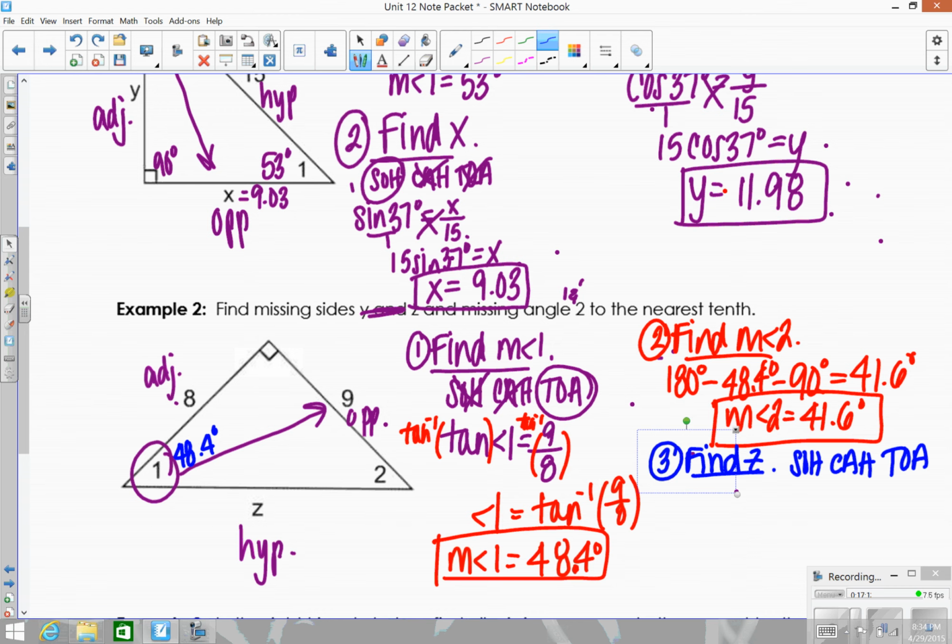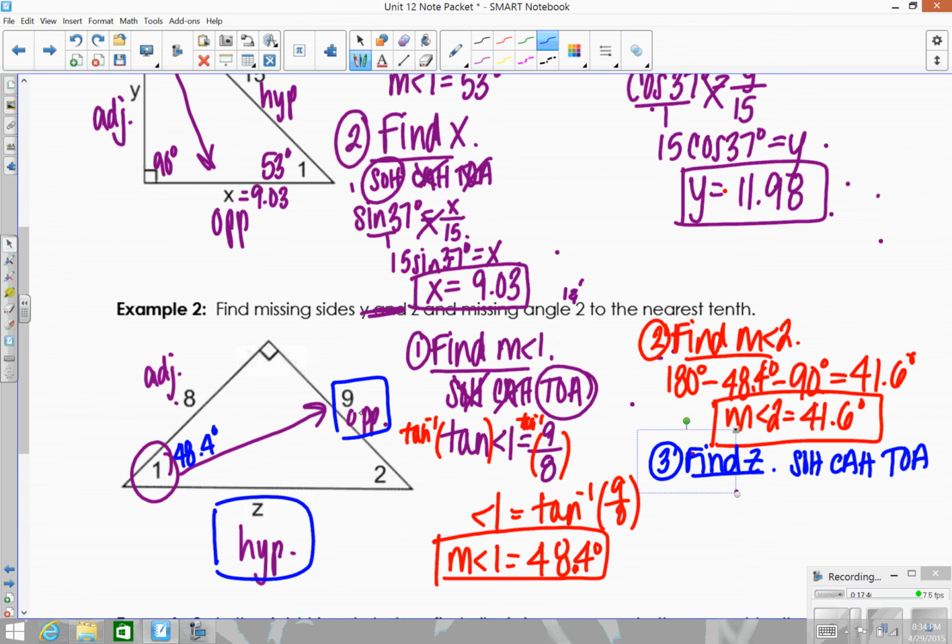So I know the opposite and I know the adjacent, and I'm trying to find the hypotenuse. So basically you just have to pick what you want to use. I have to use the hypotenuse because that's what I'm trying to find, but I can decide whether I want to use opposite or adjacent to set up my proportion or my ratio here.